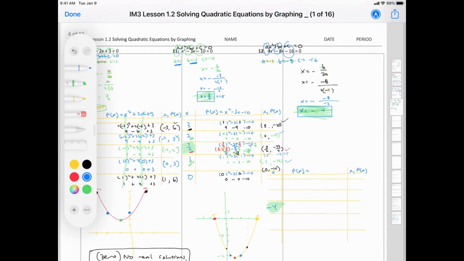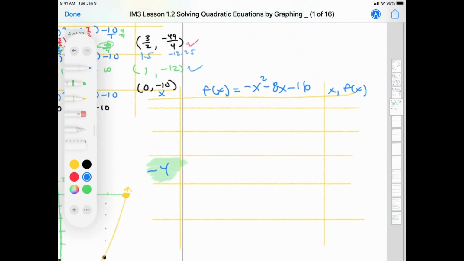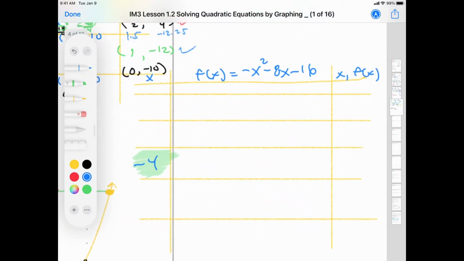Let me go ahead and get a value here: -x² minus 8x minus 16. And let's go, well, technically down, but we're going up. I don't know if that makes sense, because if it was a number line, and you did a vertical number line, negative numbers go down or to the left.